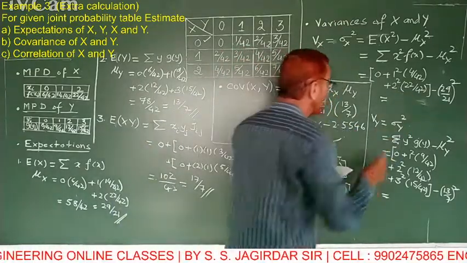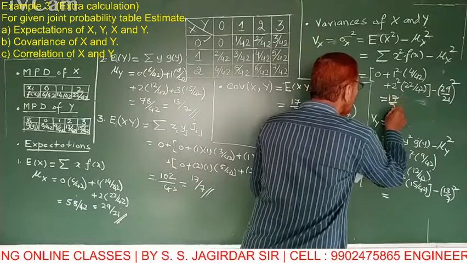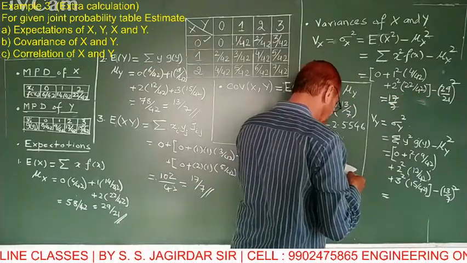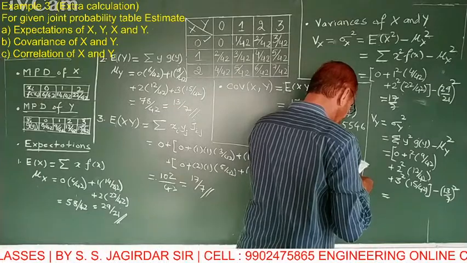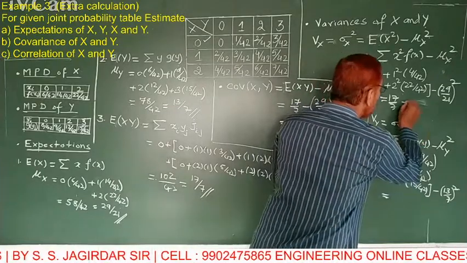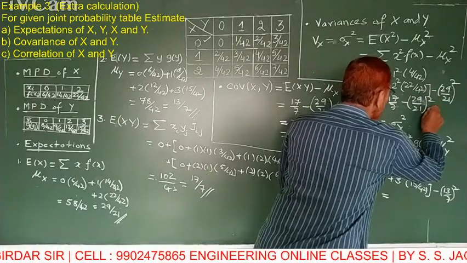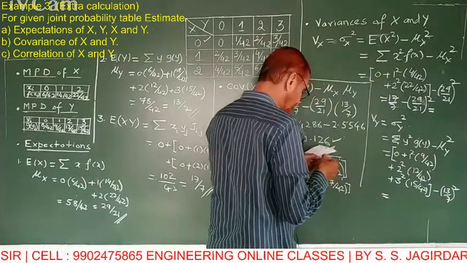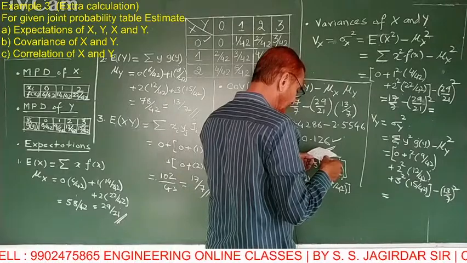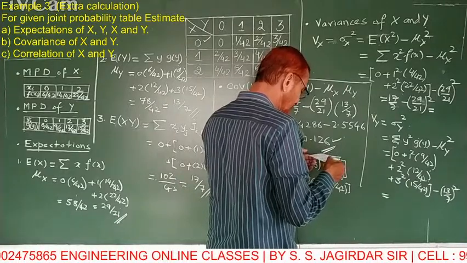And I will work it out. It is 17 upon 7 is the value of this. In this you have to subtract minus 29 upon 21 square. Here the answer that you get is in decimal.